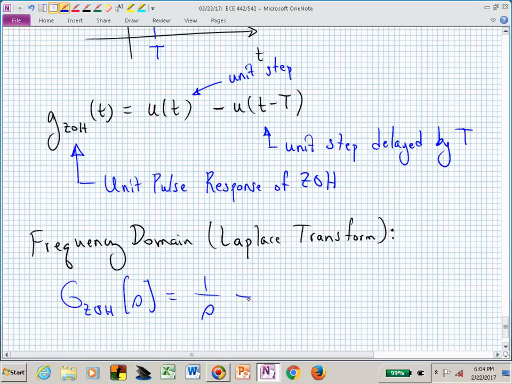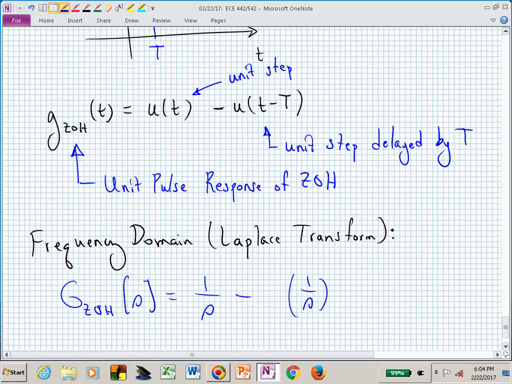What's the Laplace transform of a delayed unit step? If you were looking for points on the exam, you would say, oh, it's a unit step, right? You'd at least get part of the answer. It's a unit step. But what do you have to do with it if it's delayed?